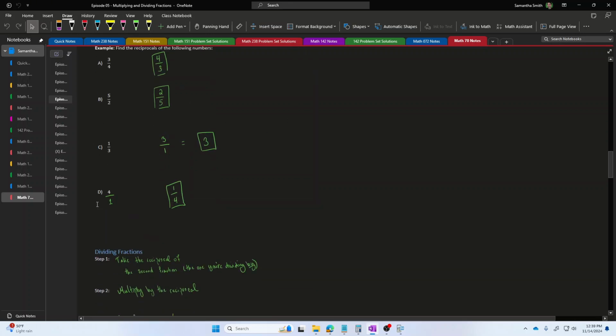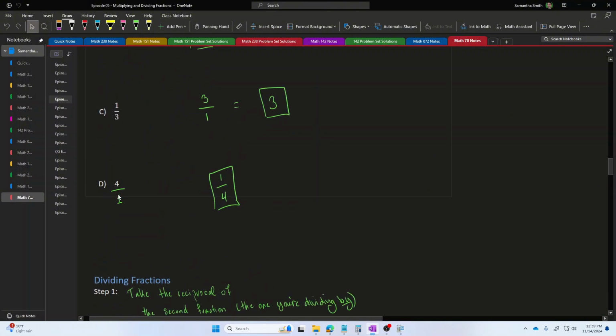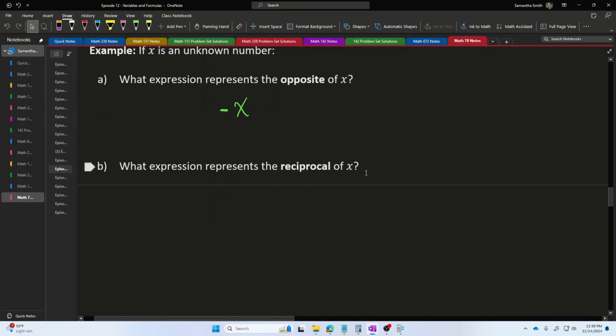If I wanted to take the reciprocal of a known number like 4, I basically just flipped it into the denominator of a fraction and put 1 in the numerator. So if the reciprocal of 4 was represented by 1 over 4, the reciprocal of the unknown number x could be represented by 1 over x.